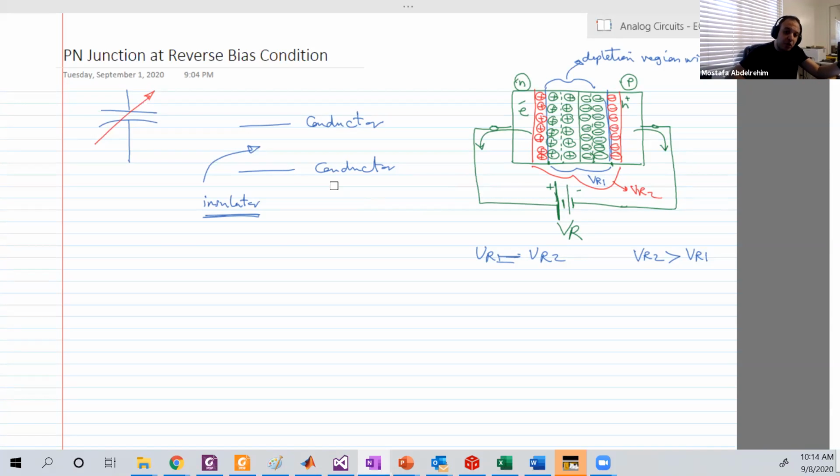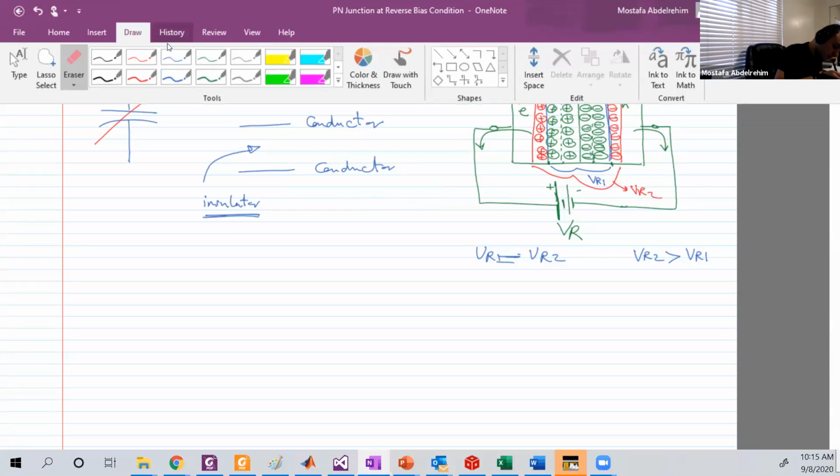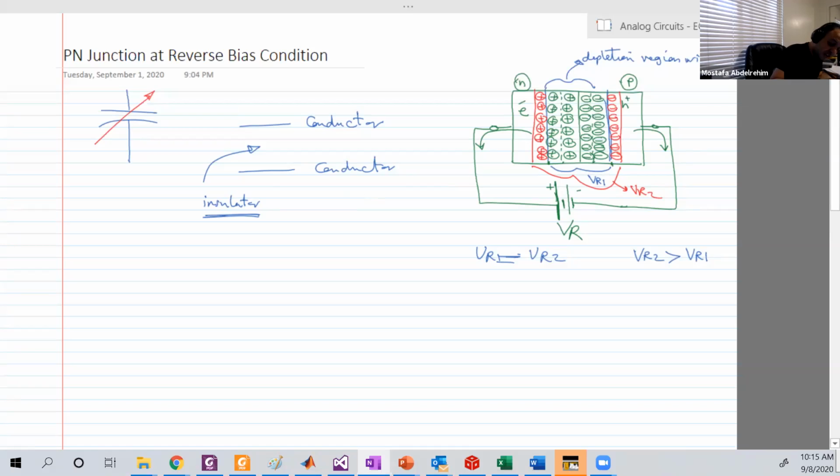And that's exactly what we have here. This area here is a conductor. This area here is a second conductor. And remember, in the depletion region there are no charge or current carriers.